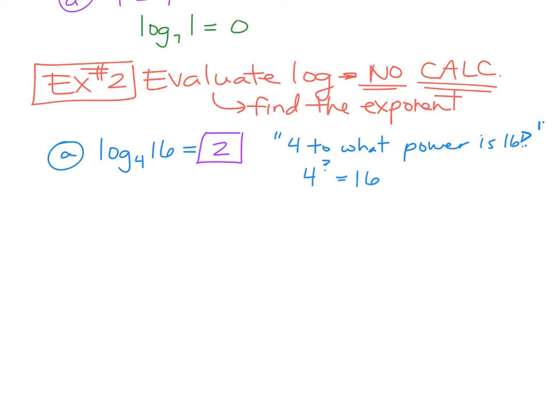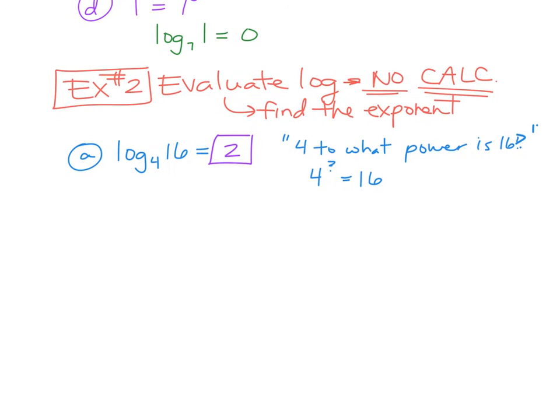What's this one then? Letter B. If I say log base 3 of 27 equals what? You're asking yourself the question, 3 to what power is going to get you 27? The third power. 3 to the third is 27. How about this one?